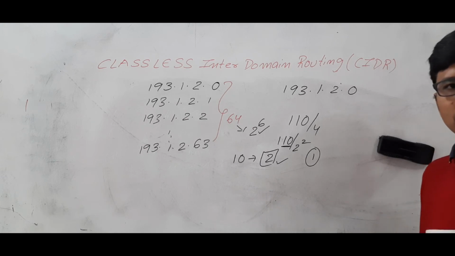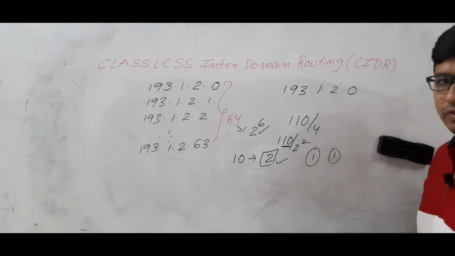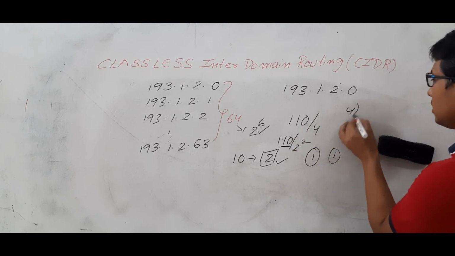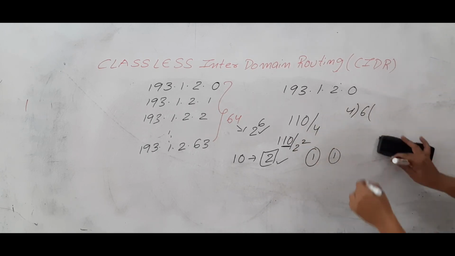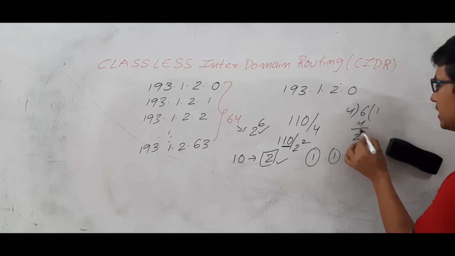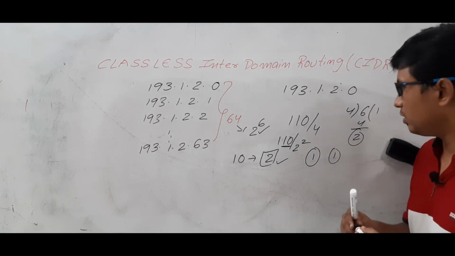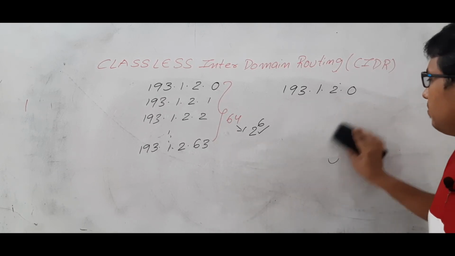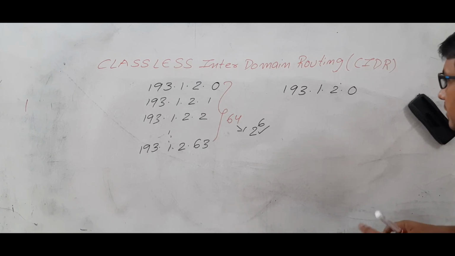Converting 1 into decimal, you get 1. If you want to verify: this is 6, and if you divide by 4, you get quotient 1 and remainder 2. That is what I said. You can apply this to larger numbers also. Please note down these shortcuts.